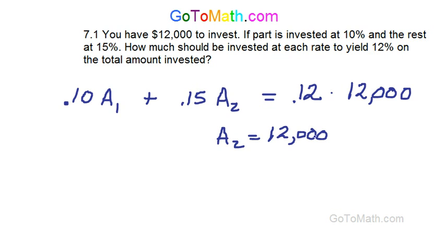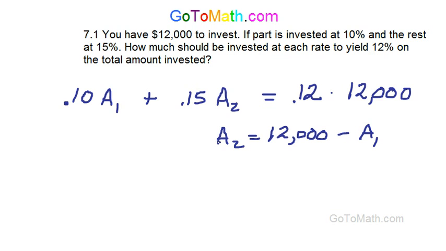So in other words, we have 12,000, but we're going to subtract off A1, because it says the rest at 15%. You see that? And that means that we can take 12,000 and then subtract off A1.